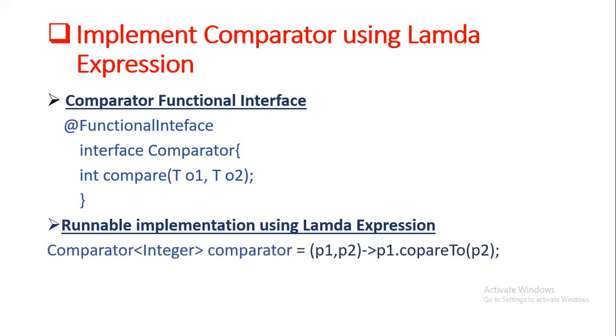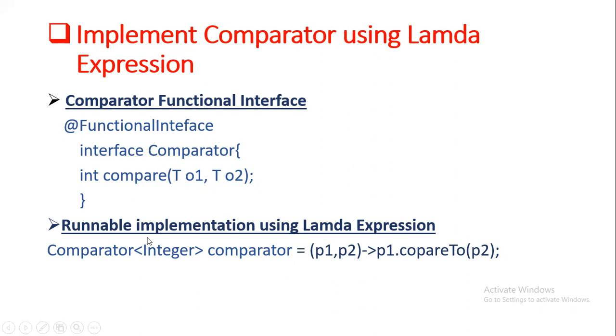Basically, I decided to compare two integer numbers. Here T is there, and we can take any type. It can be an object type or an integer type. It is a generic type, so that's why it is T.